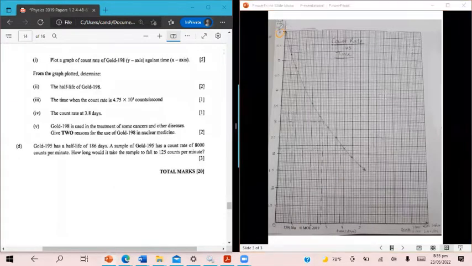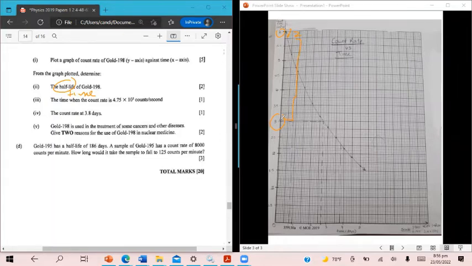Count rate was 6 originally. Divide that by 2. That takes us down to 3. So what we want to know is how much time has passed. Remember, when you see half-life, that is a value of time. How much time has passed when it has decayed from 6 to 3?